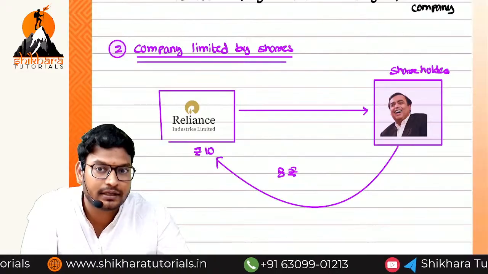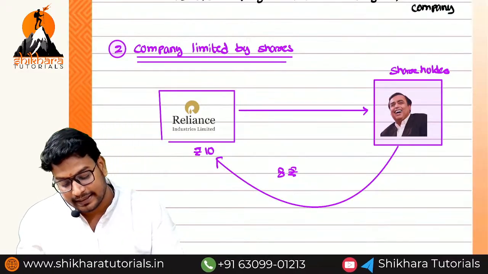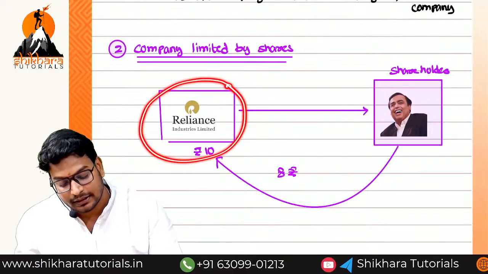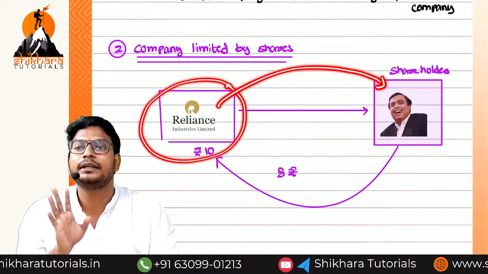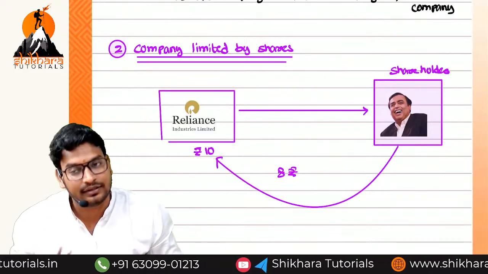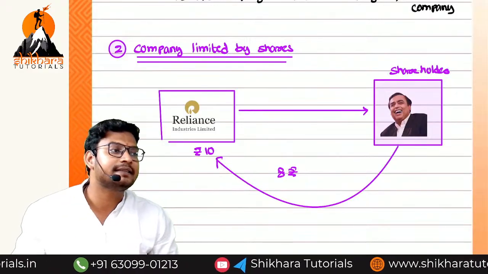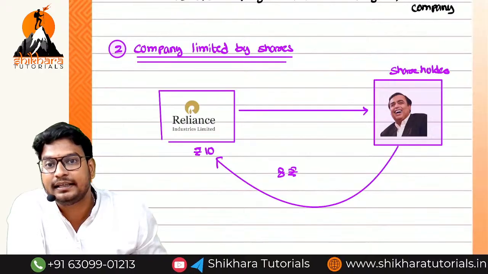That's all. If there are losses, Reliance can collect only the 2 rupees from Mukesh Ambani. He has liability only up to the share value, and more than the share value he does not have any liability.